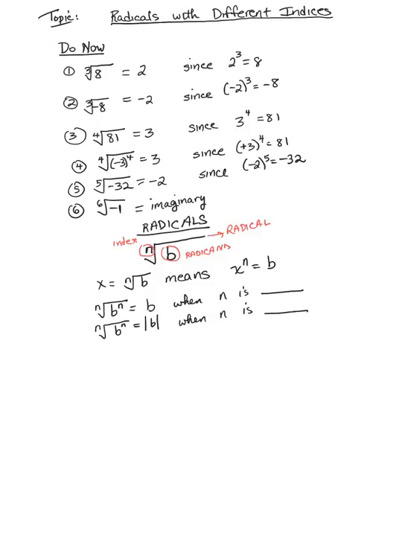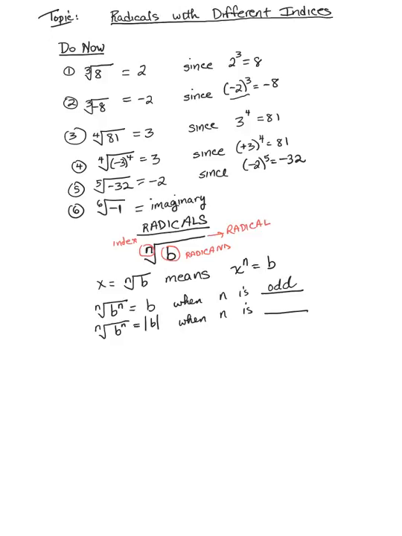So let's take a look at the do now to give us a hint. If we take a look at 1 and 2, we see that the cubed root of 8 is 2 and the cubed root of negative 8 is negative 2. So if we write negative 8 as negative 2 cubed, we could safely say that the nth root of b to the n is b if n is odd.